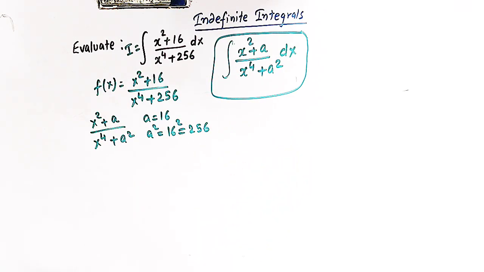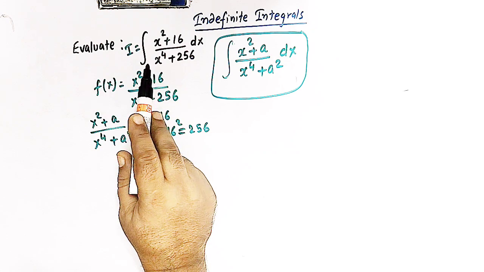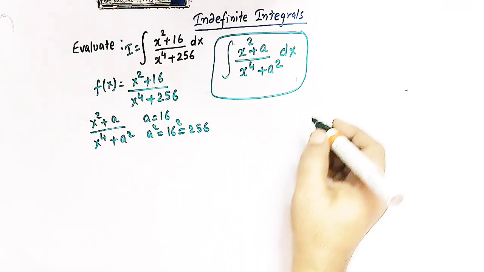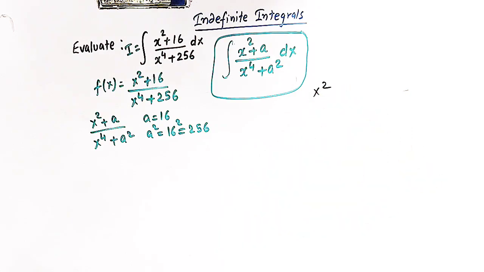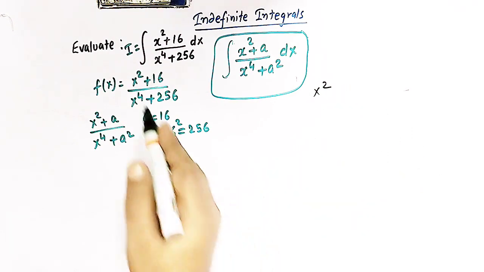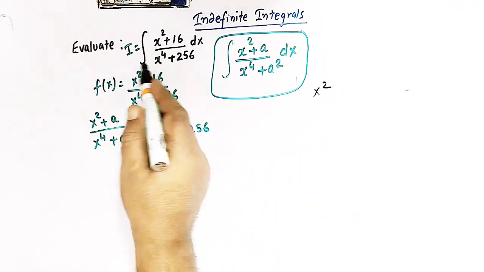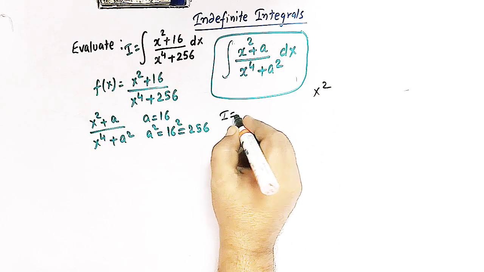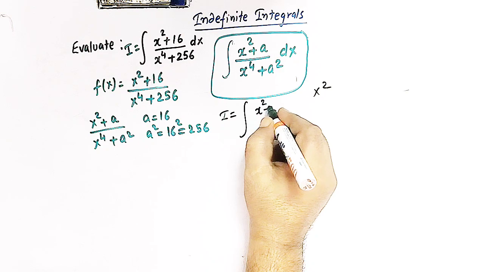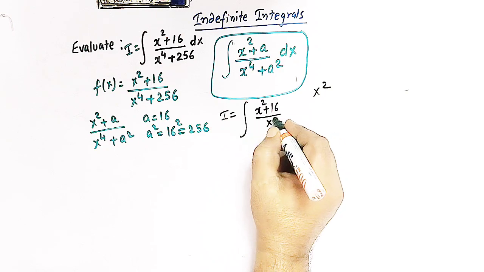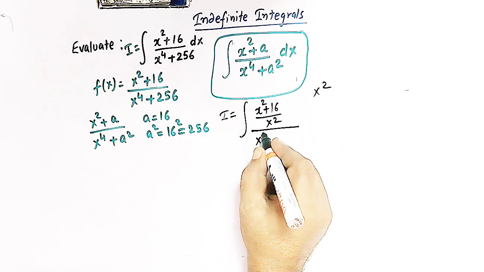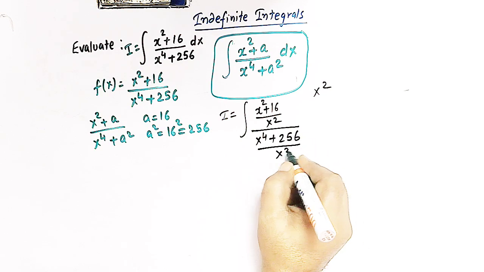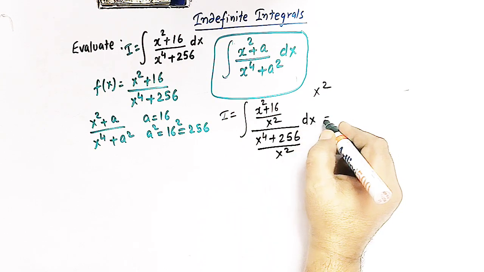So the first step in evaluation of these type of integrals is to divide the numerator and denominator by x square, right? So now let us divide the numerator and denominator of this integral I by x square. So we can now write I is equal to x square plus 16 divided by x square, and here we have x raised to 4 plus 256 divided by x square, and here we have dx.